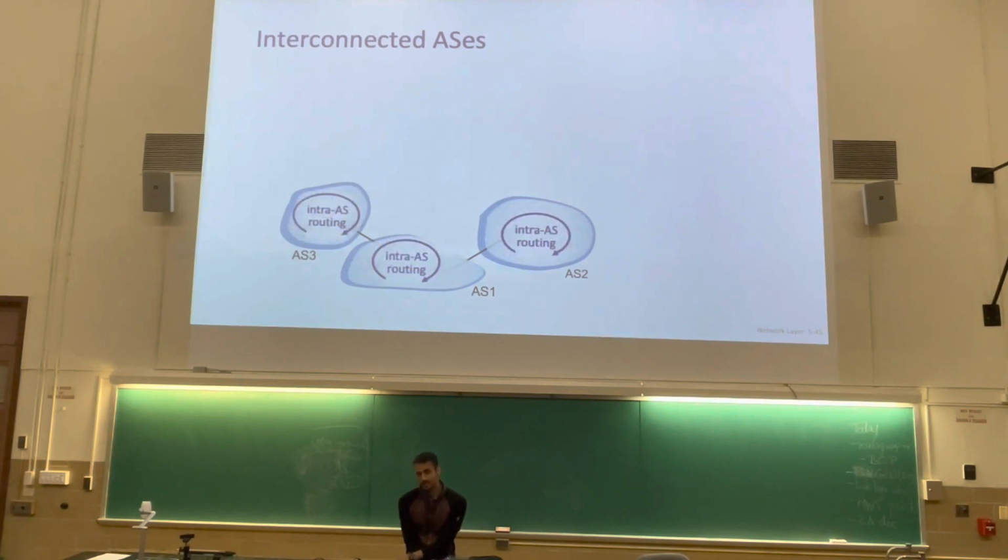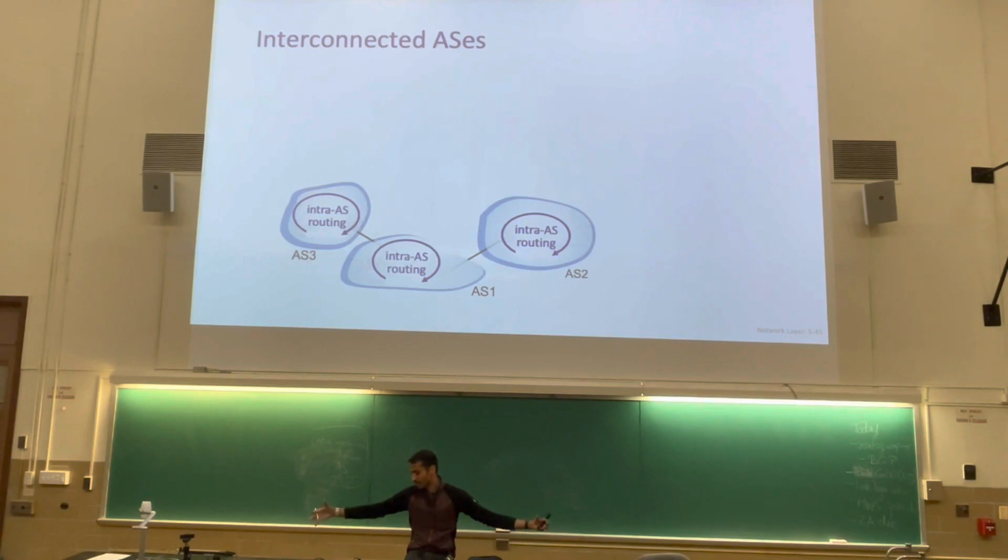What's happening at these routers that's feeding into the forwarding table? How are these routing protocols interacting? Well, within a network, each router is running 2 routing protocols simultaneously. It's running a routing protocol like link state or distance vector to find shortest paths to other routers in its own network.